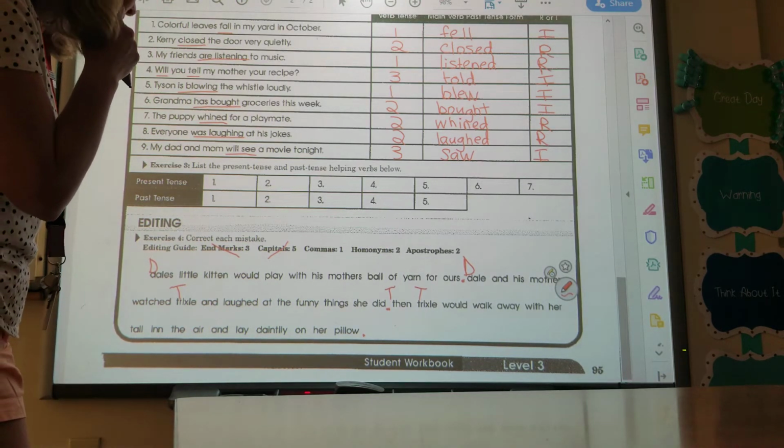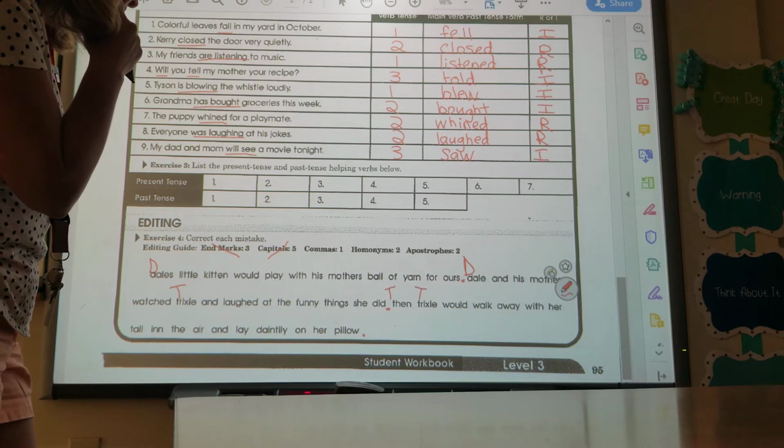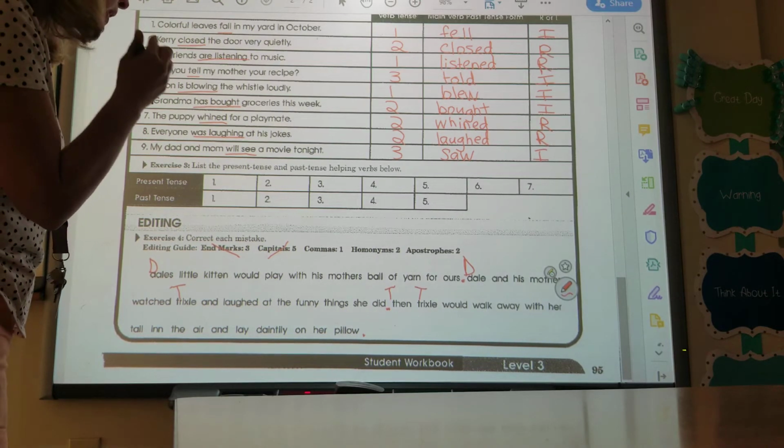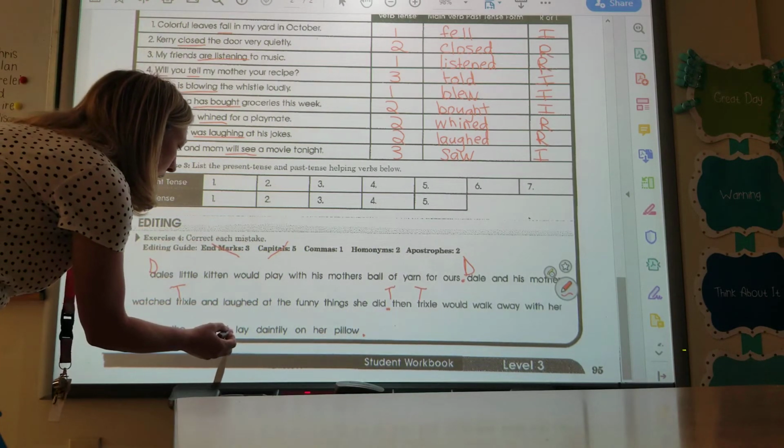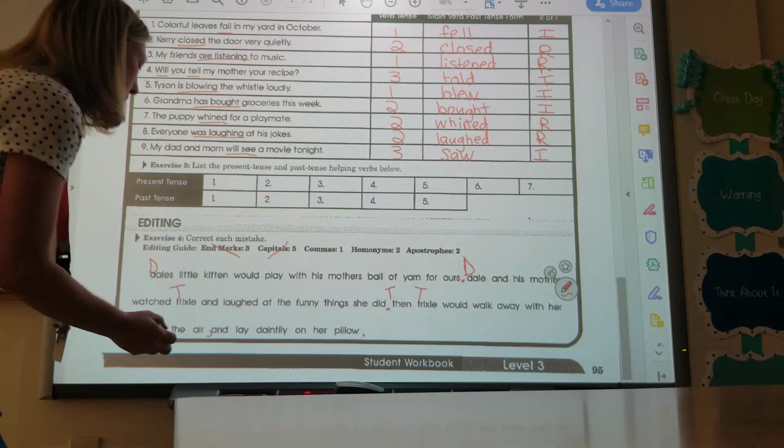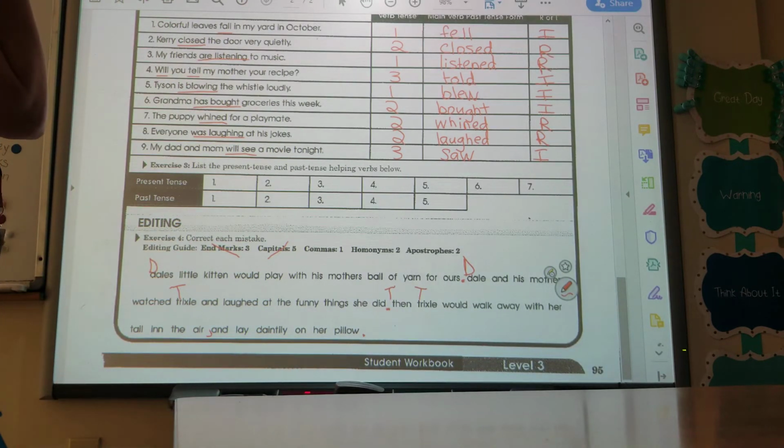Then Trixie would walk away with her tail in the air and lay daintily on her pillow. So this one's a compound sentence because we'll put it right there. That's one comma.